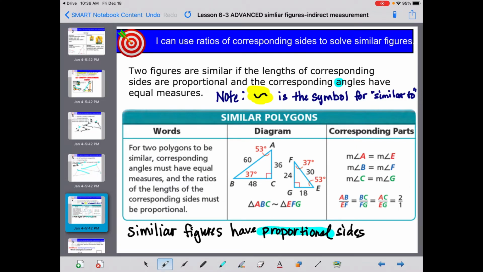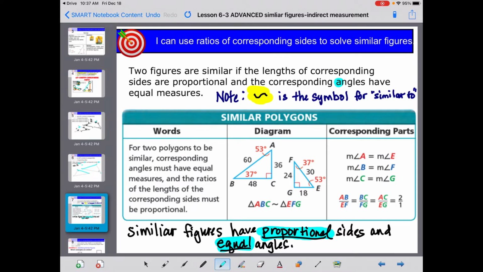So get the word proportional in there, proportional sides, and that's what we're going to dial up next, and equal angles. Make sure we get that written down. That's important. Not just write it down, but that's one of those for the memory bank in your brain. They have to have proportional sides and equal angles.